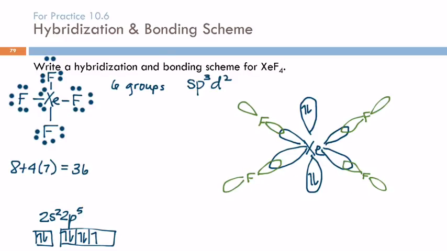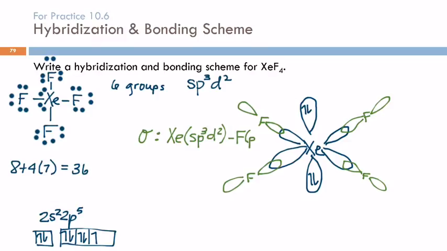Okay, so each of these bonds is going to have the same label. What kind of bonds are they? Sigma or pi? They're sigma. So sigma and a colon, and then the overlap between xenon and what kind of orbital on the xenon? sp3d2. And fluorine, what kind of orbital on the fluorine?